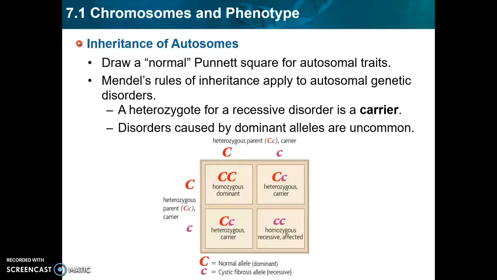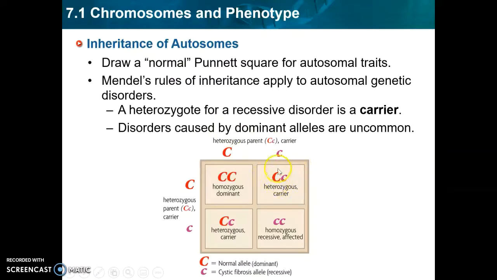So when we're talking about these disorders, it's important to introduce this new term. If we have a heterozygote, or somebody who has one dominant and one recessive allele for a particular disorder, they can be a carrier if that disorder is recessive. Well, what does that mean? That simply means for somebody like this genotype right here, they're heterozygous.